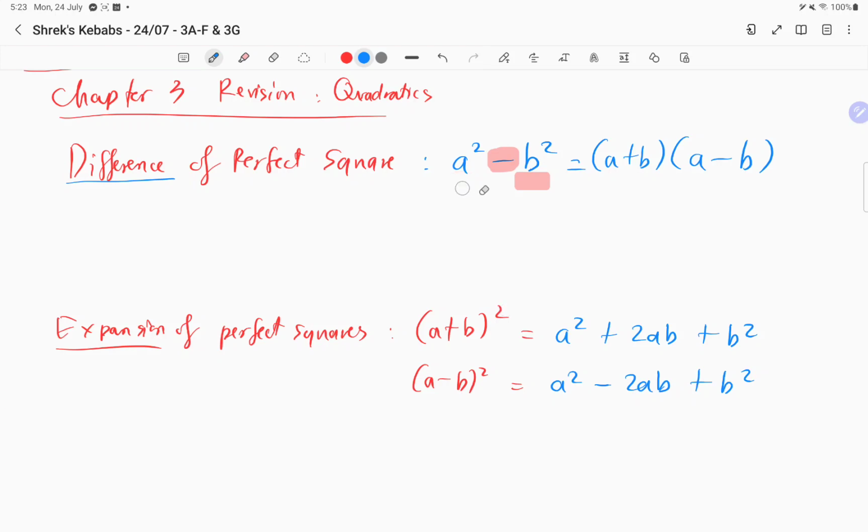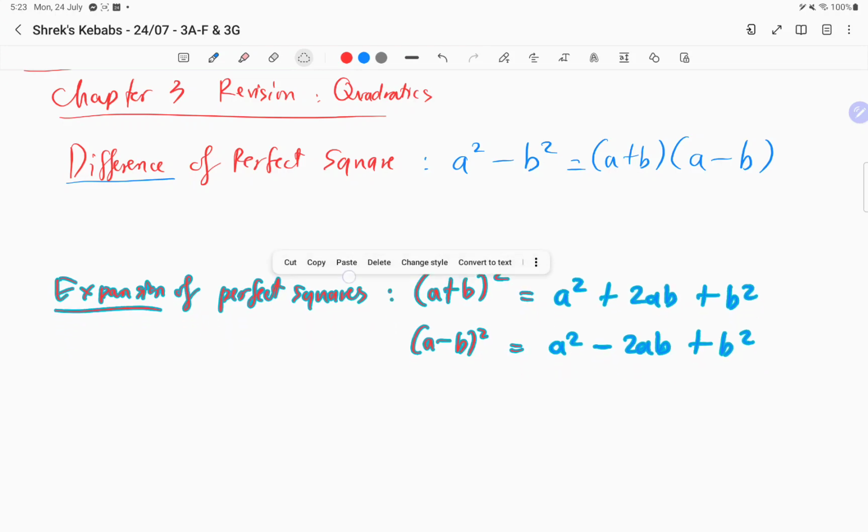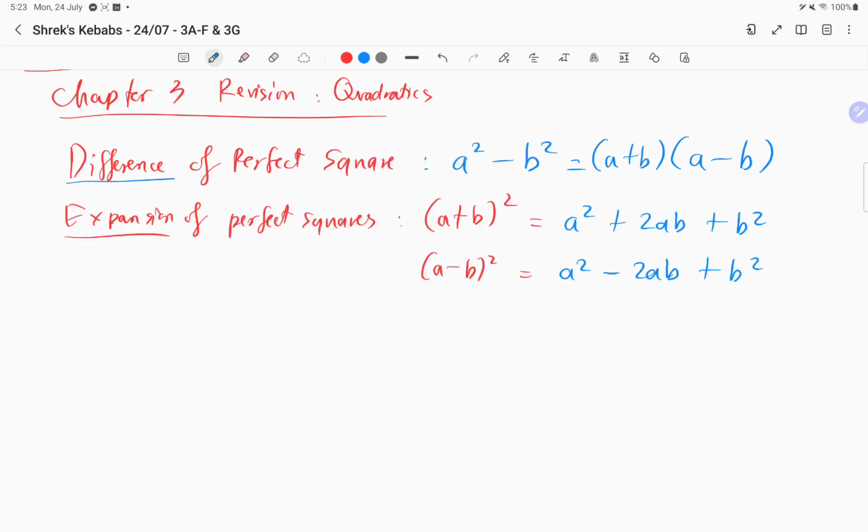And then the difference of perfect square you also have to remember. Mr. Croucher was hating on math the other day, because we were asking to factorize this one: a squared minus 9.